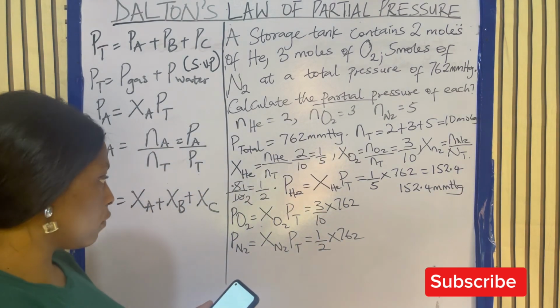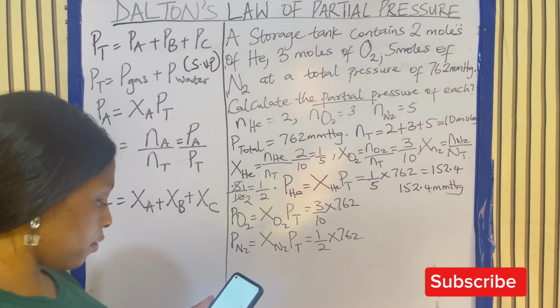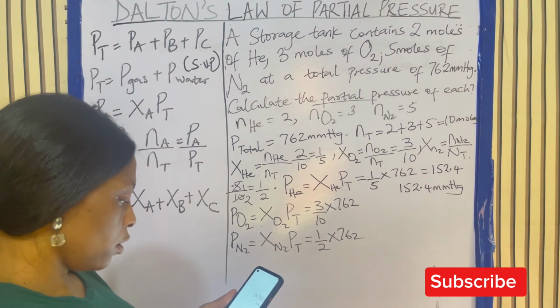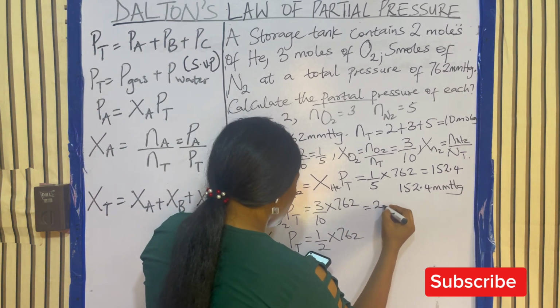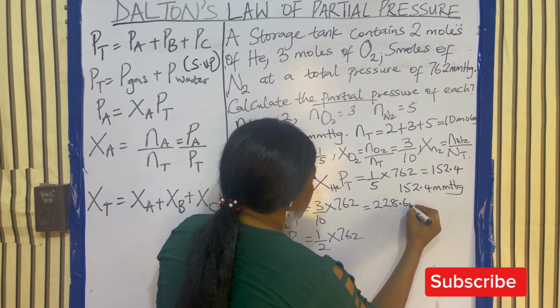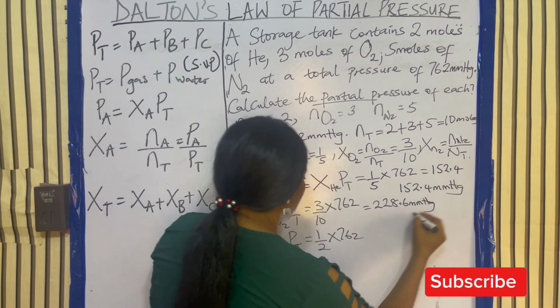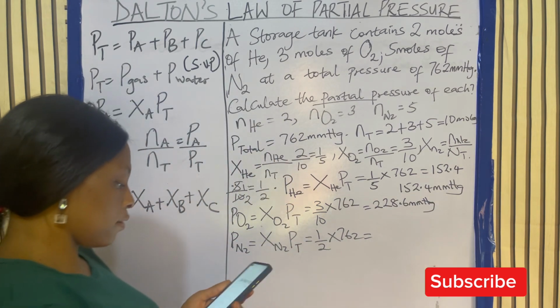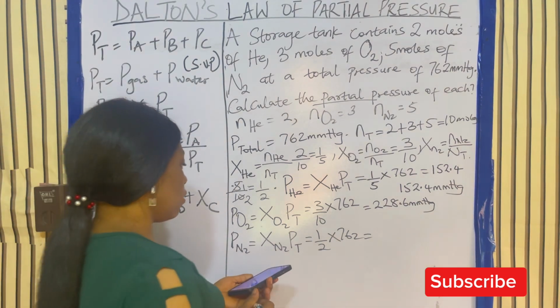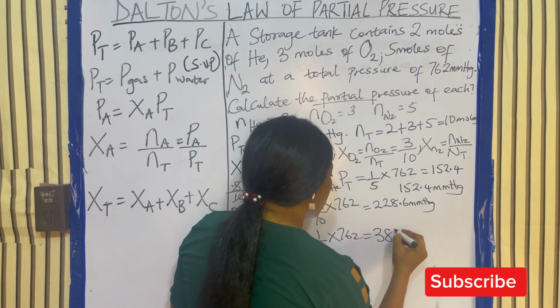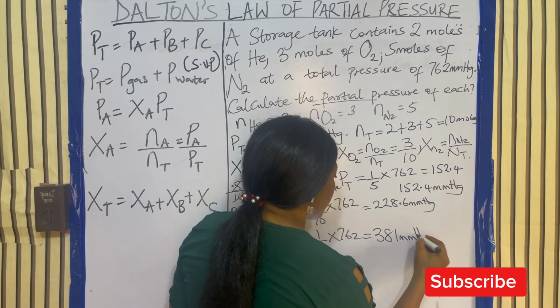Then the second one is what? 3 times 762 divided by 10. That will give us 228.6 millimeter mercury. Then the last but not the least, 762 divided by 2, that will give us 381 millimeter mercury.